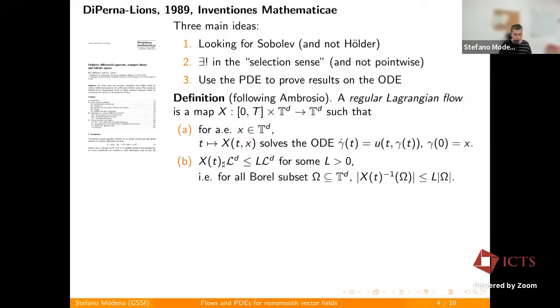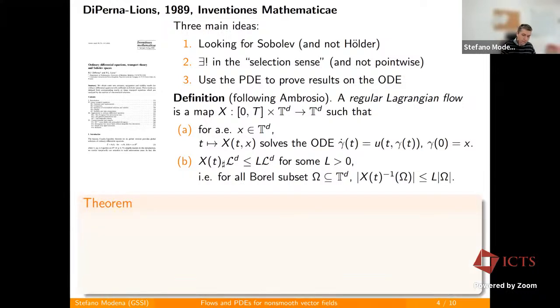And what DiPerna, Lions and Ambrosio later proved, I will state the next theorem in the Ambrosio formulation, in terms of the ordinary differential equation for this notion of regular Lagrangian flows, so this selection of characteristics which makes sense, is the following theorem.